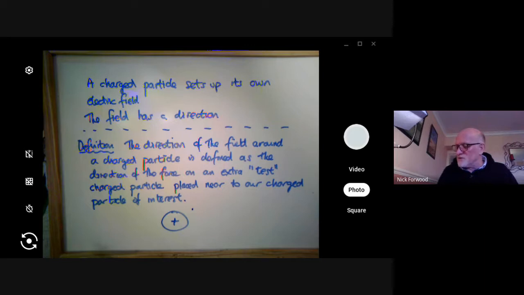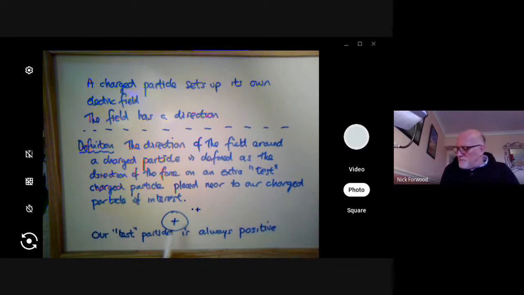So now I've got two particles: the one I'm interested in, to see what the field around it is and in which direction it goes, and I can test that by putting in a little tiny extra positively charged particle. So our test particle is always positive.